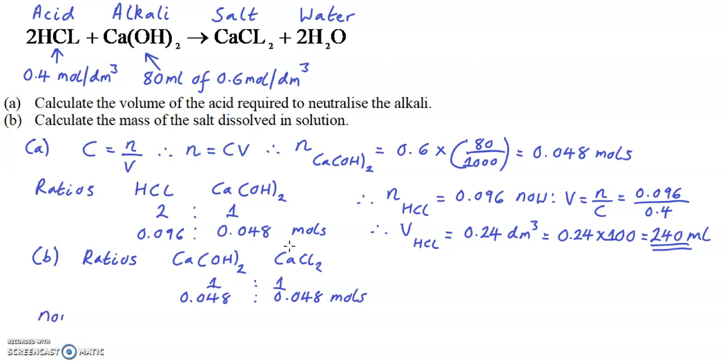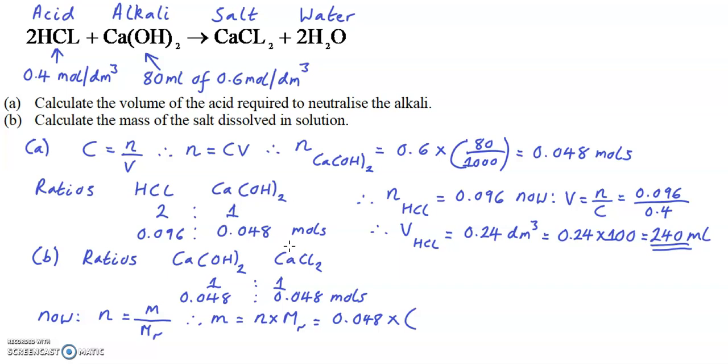Now, there's another equation which needs to be used in this case. So the number of moles N equals the mass over the relative formula mass. So if we rearrange this equation, because we require the mass, so that's little m equals the number of moles N times the relative formula mass Mr equals, so the number of moles of the salt is 0.048, and now in brackets the relative formula mass of calcium chloride needs to be calculated.